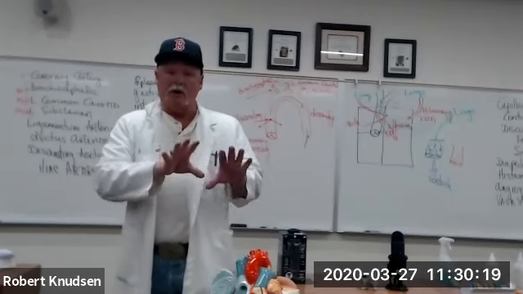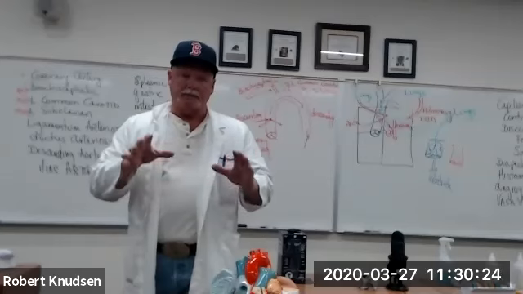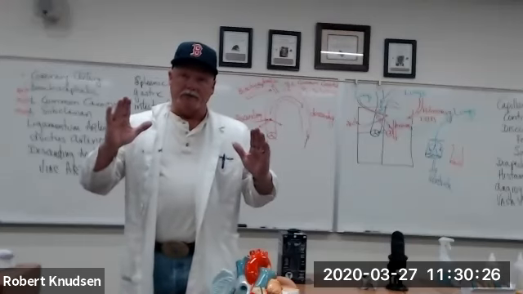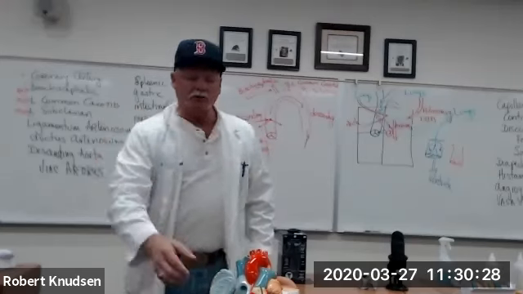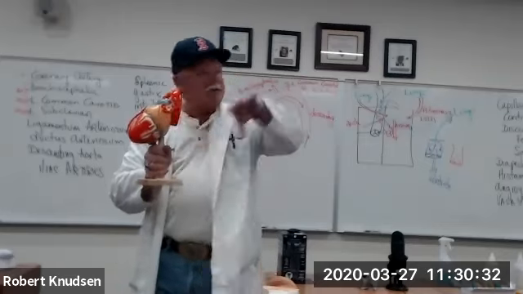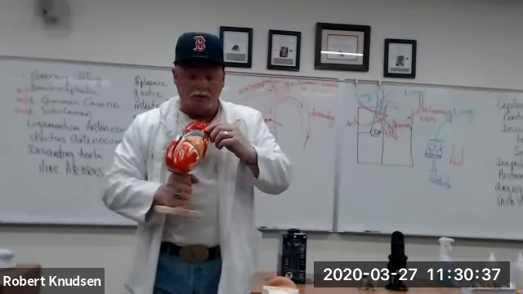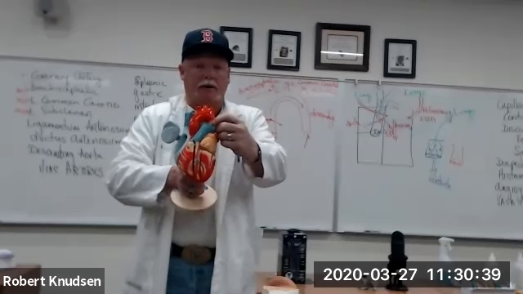Same thing with your heart and your aorta and the pulmonary artery. If when the ventricles contract and blood shoots into the aorta, this end's going to want to come flying up. But there's a little piece of tissue right here.